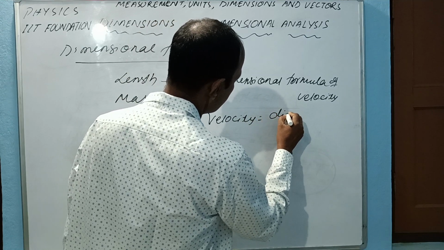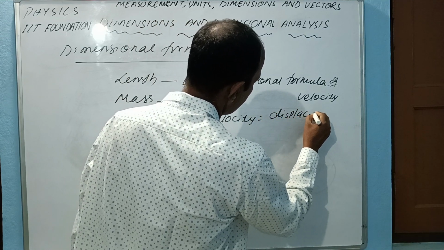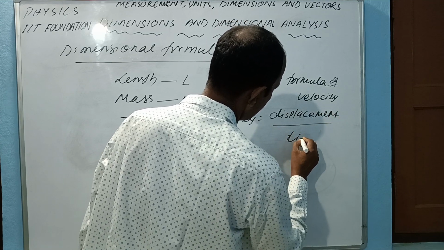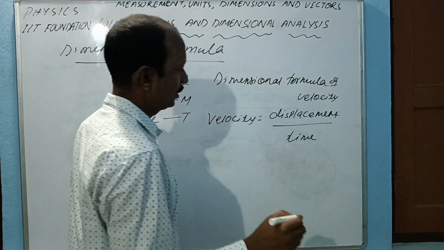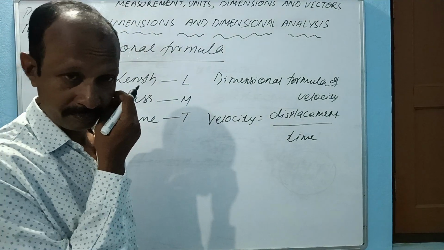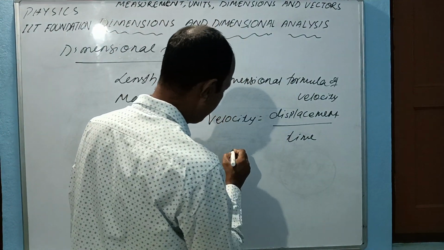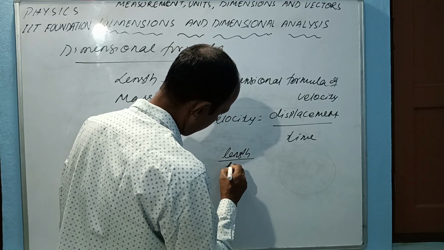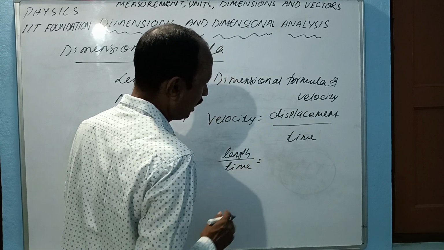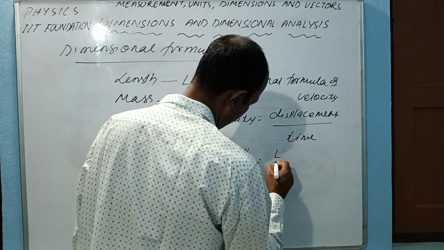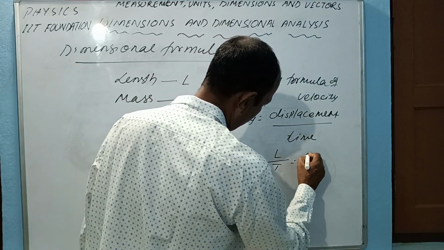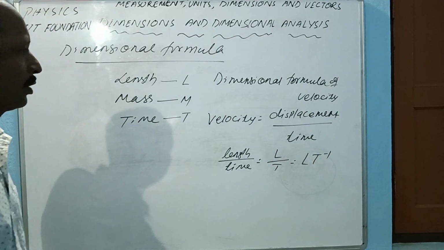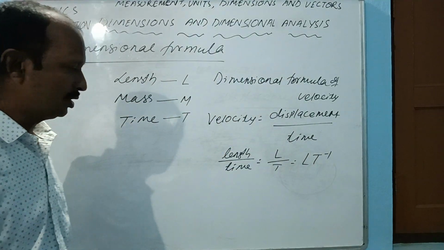This is displacement upon time. Displacement by time. Here displacement is the length. Means length by time. Length I can write L, time I can write T, or L T to the power minus 1. This is the dimensional formula for velocity.